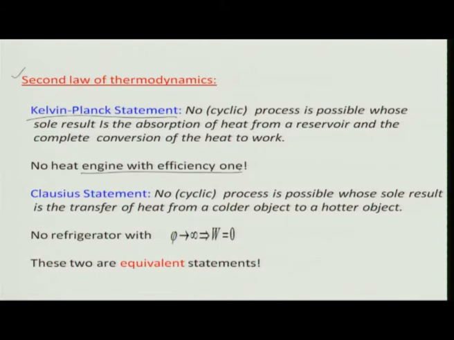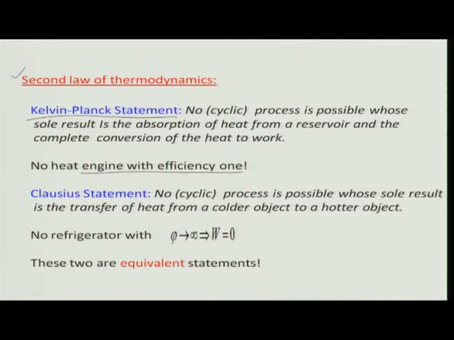It says no cyclic process is possible whose sole result is the absorption of heat from a reservoir and the complete conversion of heat to work. That means output will always be less than the input.